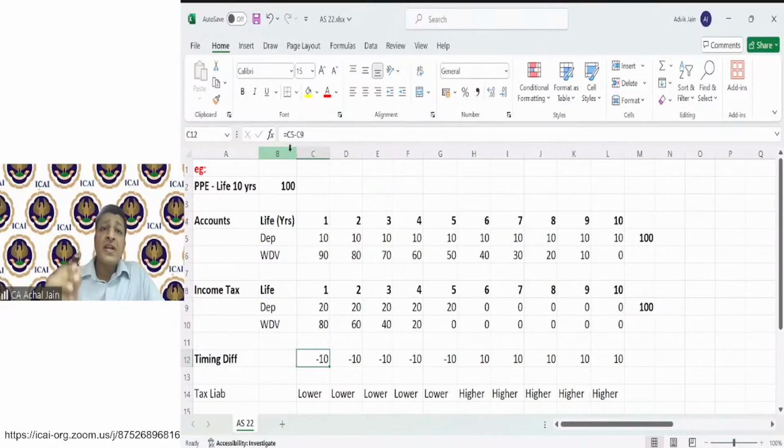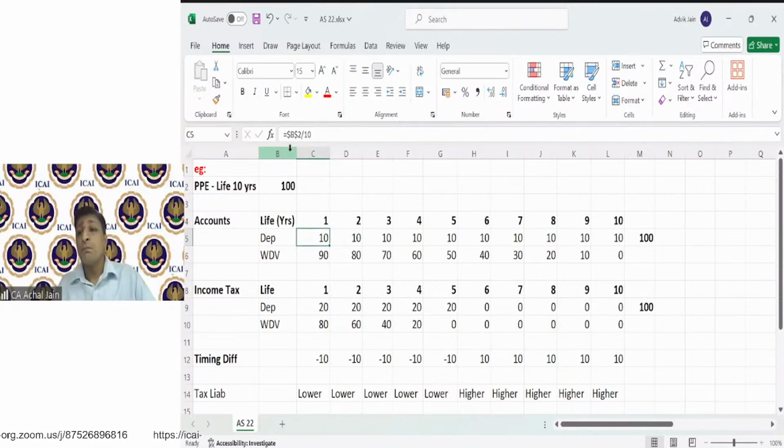Now, in terms of this impact in the first year, let us try to understand how this is going to impact the tax provision or the tax liability of this company. In the first year, what will happen? The company will show a profit after charging depreciation of rupees 10 in the books of accounts.